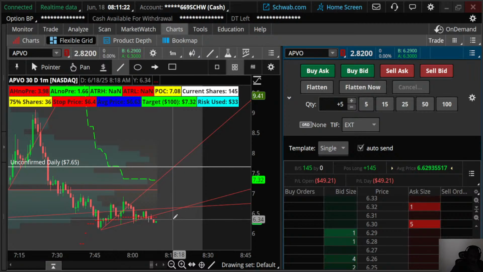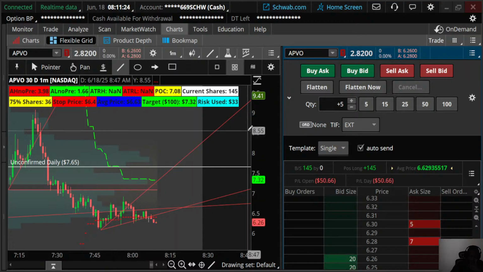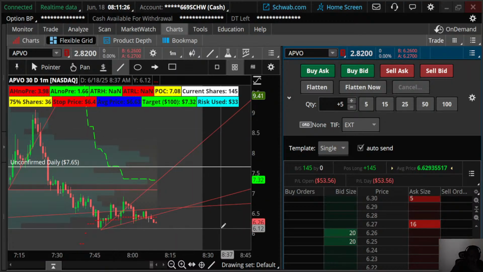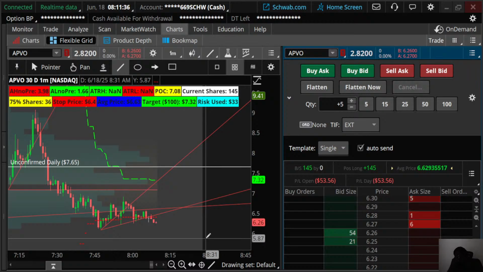Can we see that? 34s. That's the only thing that's killing me about this position. I got the catalyst, I got everything that I want. And I know I'm going to regret selling it, I think.